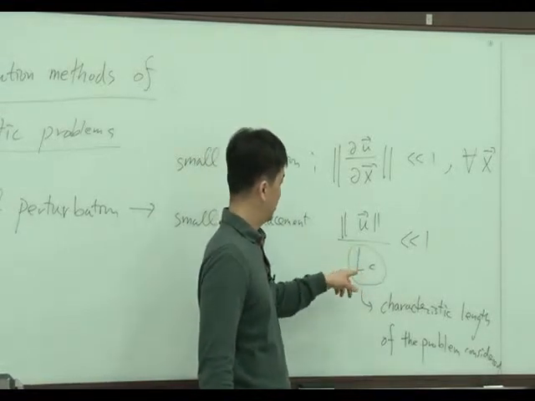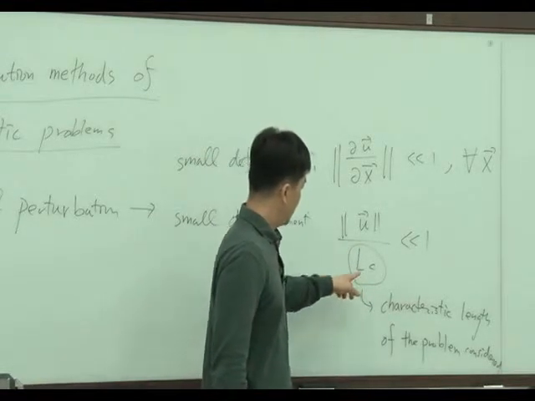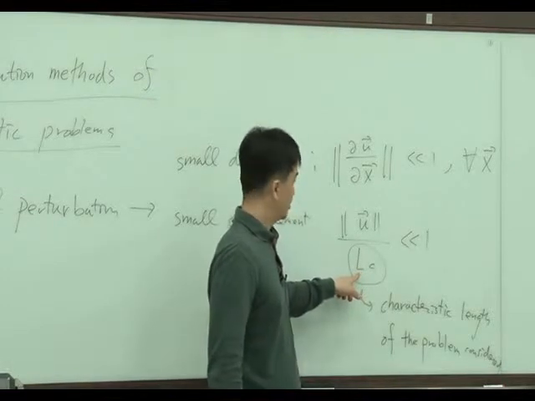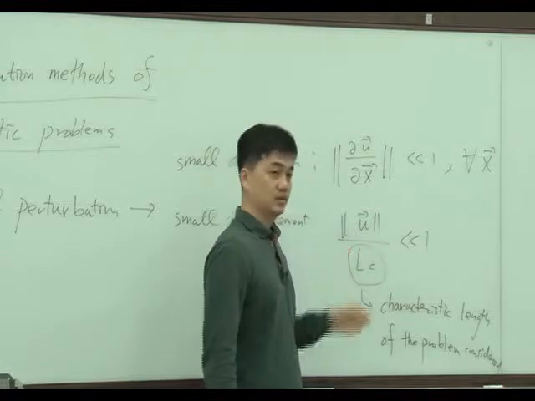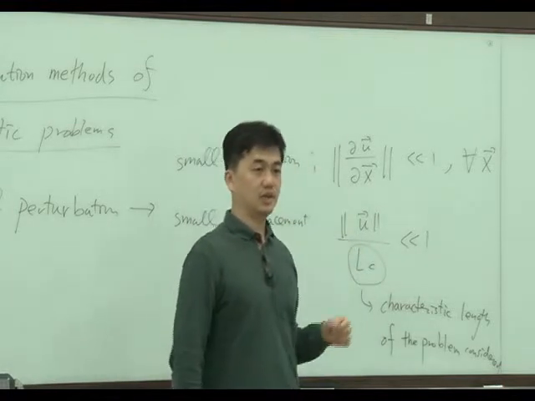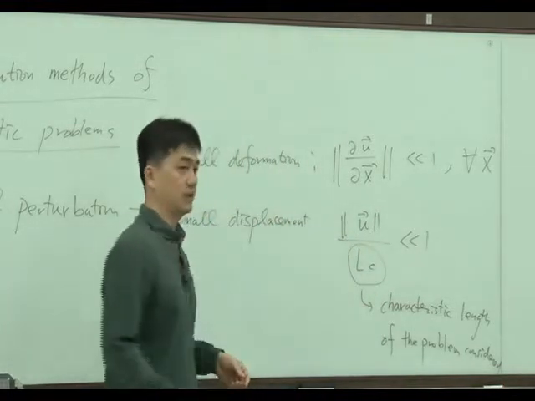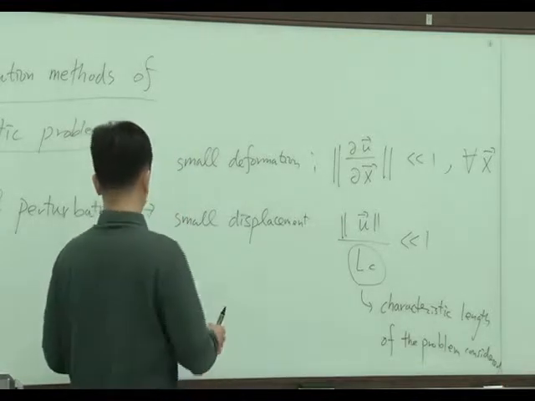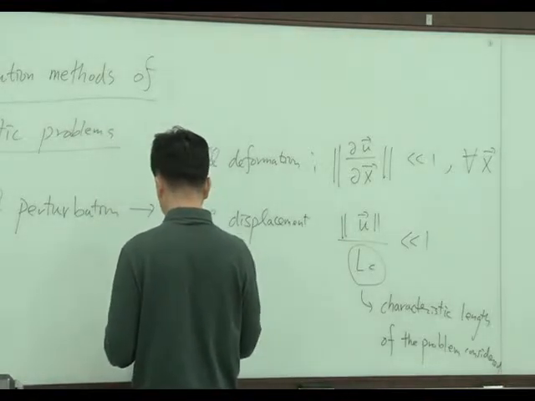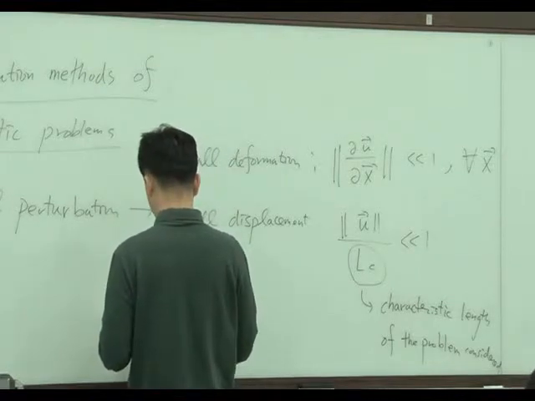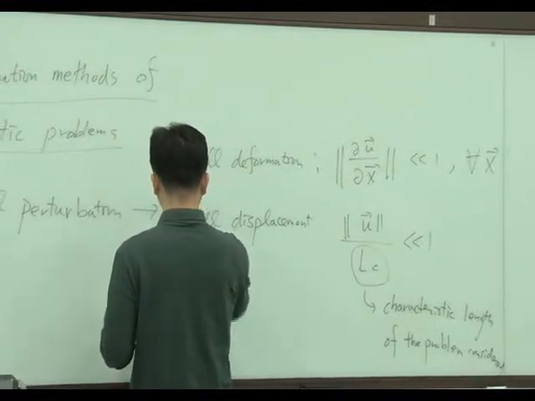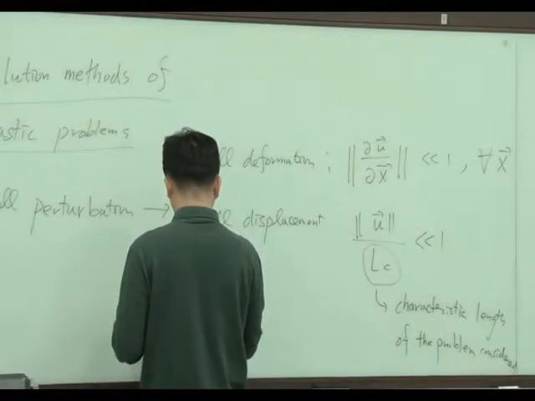Okay? So compared with the size of structure, displacement is small, much smaller than the total size of structure. Then we can say small displacement. And also, we are considering the rho.